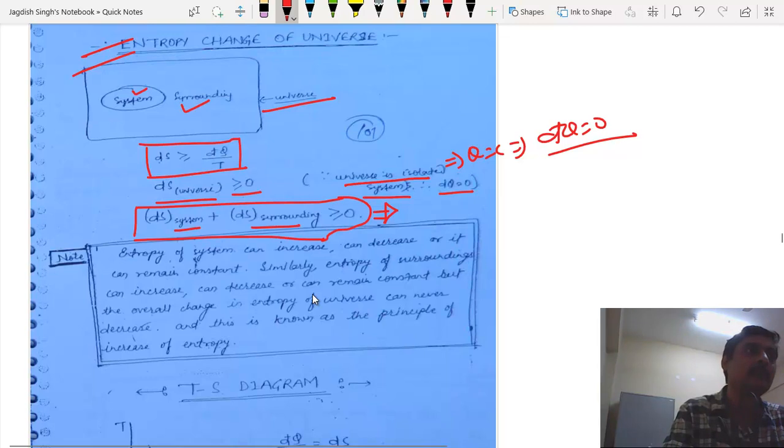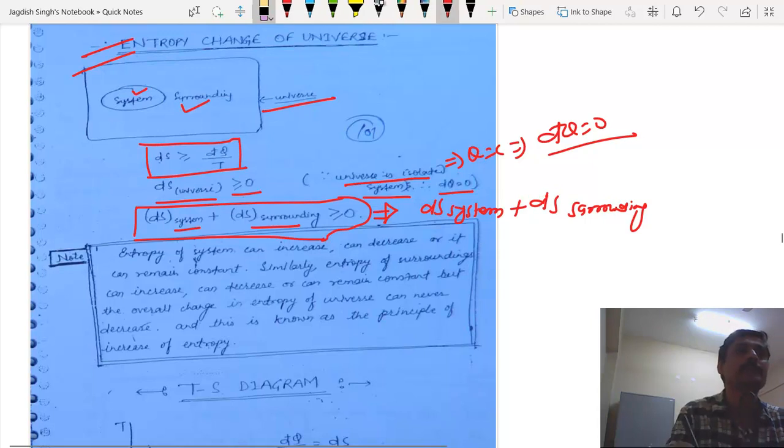Therefore it can be written that dS system plus dS surrounding is greater than 0.